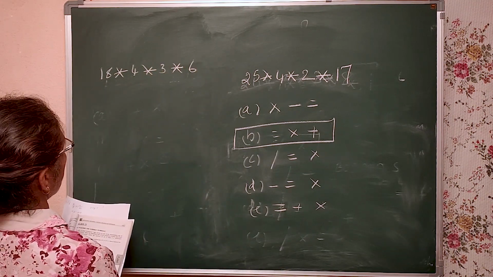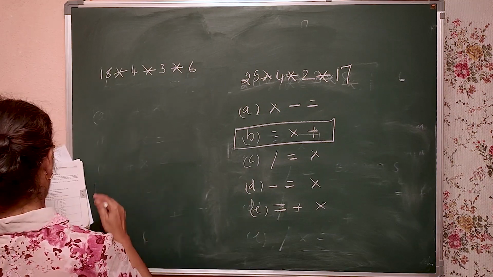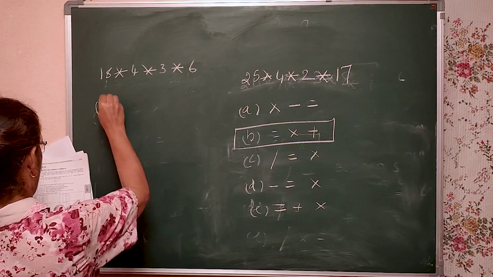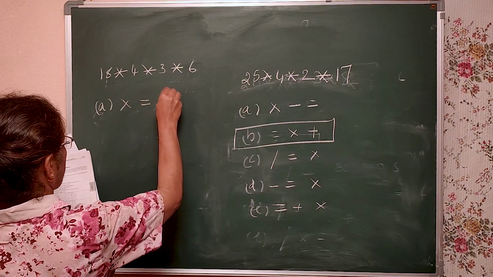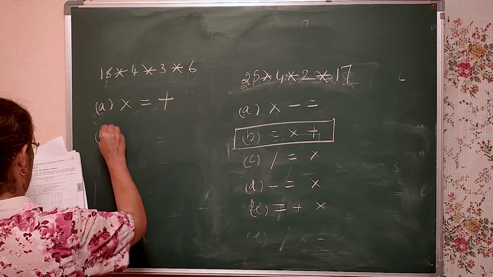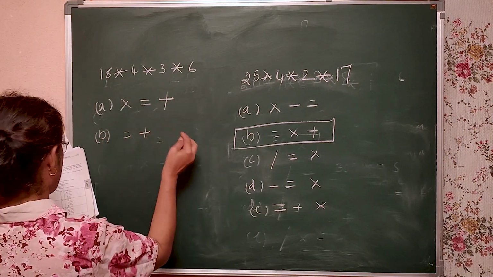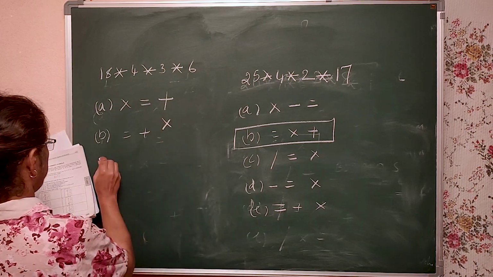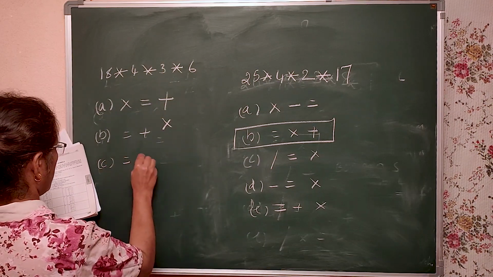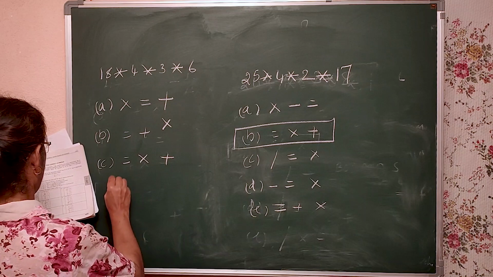Okay, let us see. A: into, is equal to, plus. Is equal to, plus, into. C: is equal to, into, plus. D: plus, into, is equal to.